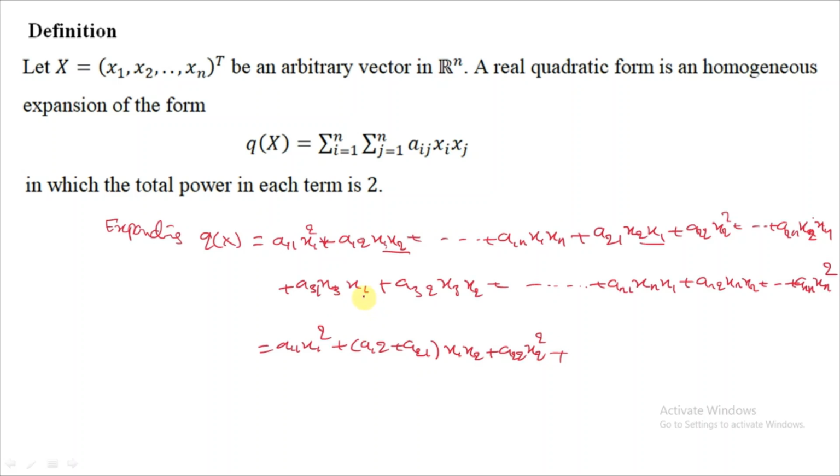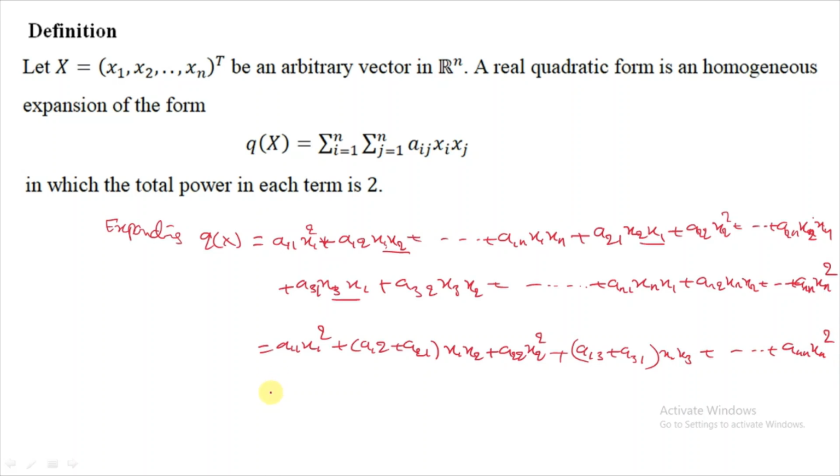Now observe x3 x1: if we write a13 x1 x3 and a31 x3 x1, we get (a13 plus a31) x1 x3, and so on, right? Last, ann xn squared.